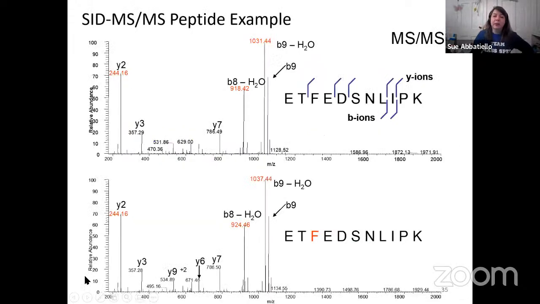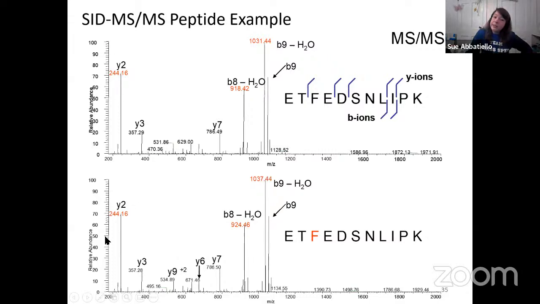And this is just an example of a light and a heavy peptide where the phenylalanine, in this case, this is super old, I was in grad school last decade. Anyway, this phenylalanine was the heavy labeled version. And so the fragments here shown in red, the light is 1031 and here 1037. We had 6 carbon 13s on that phenylalanine, and that's incorporated into the B ions.